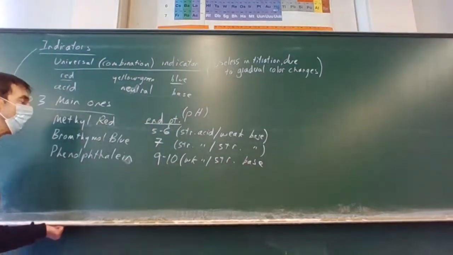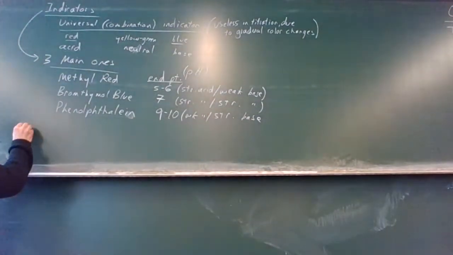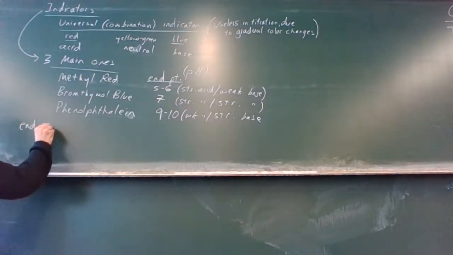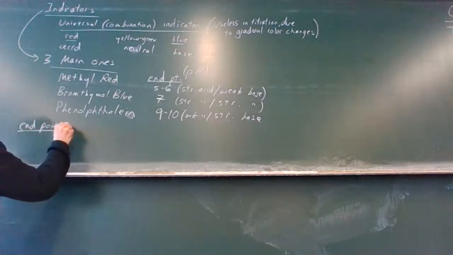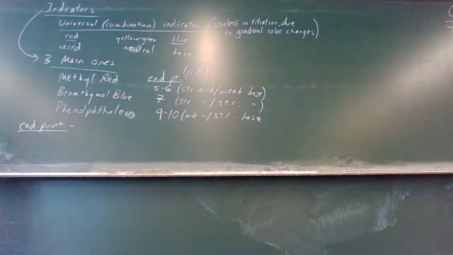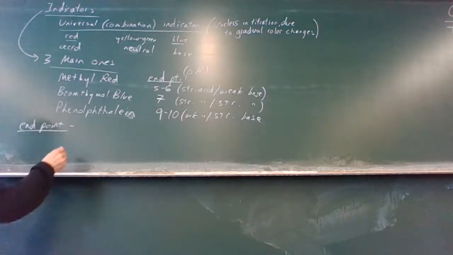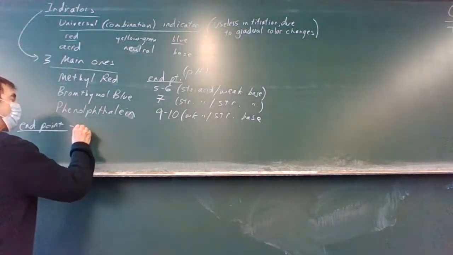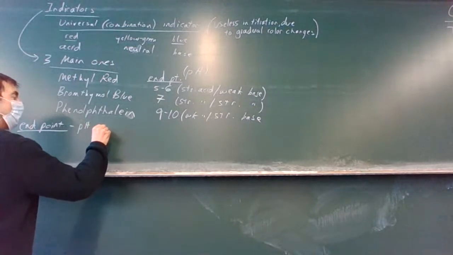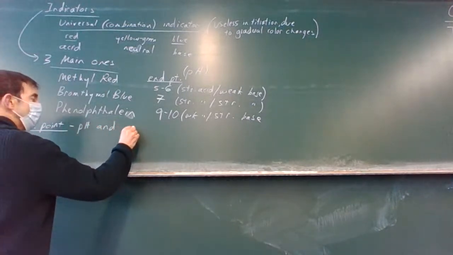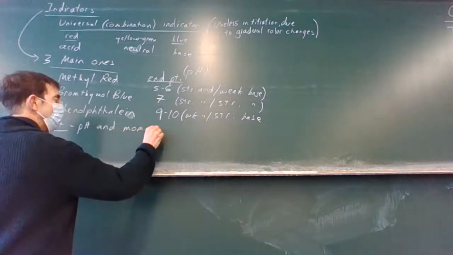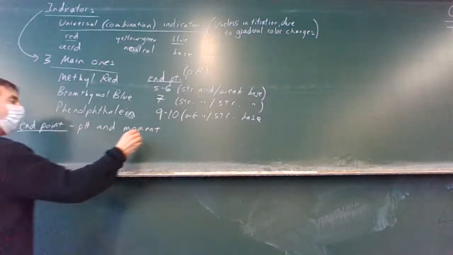Now, here's the deal. An endpoint is the pH at which the indicator changes color. I'm going to show you one here for phenolphthalein. And really it's also the moment in time in the titration.